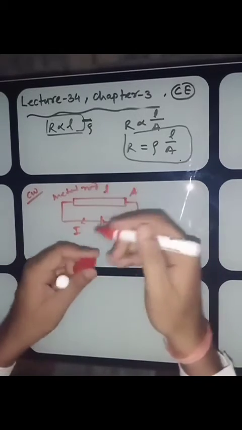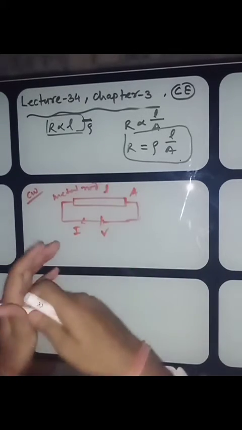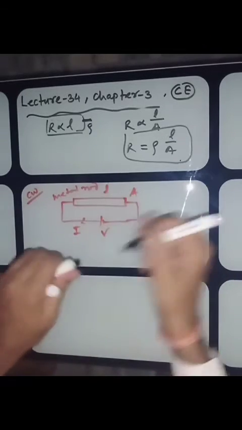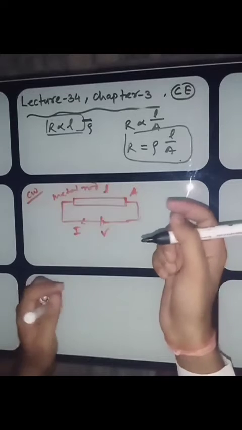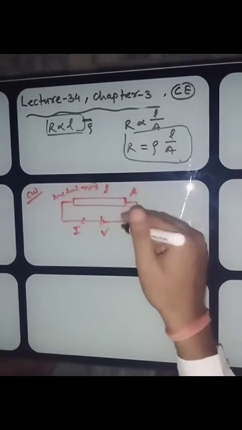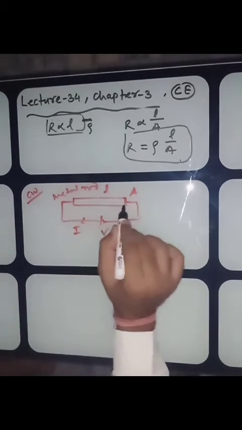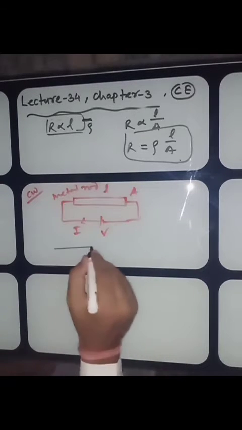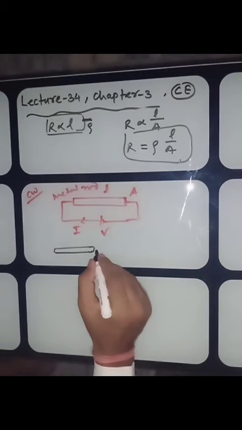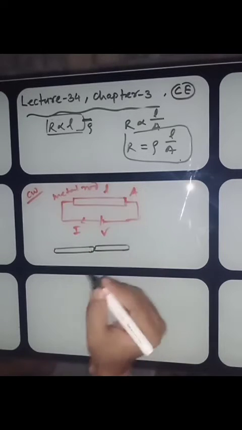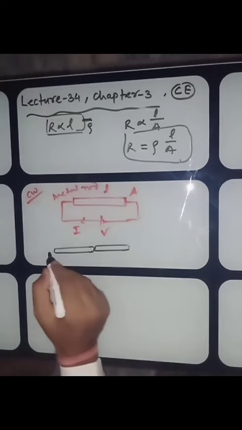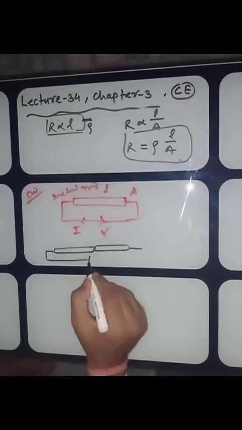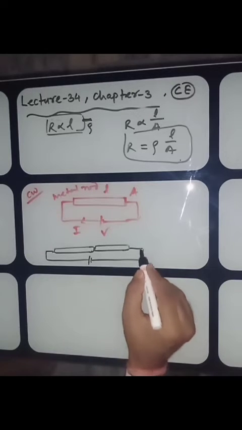I hope you got it. Now this conductor is cut parallel to its length, and both sections are connected end to end like this one. It is cut lengthwise, parallel to the length, and then connected in this way, and then it is connected to the source, my dear student.